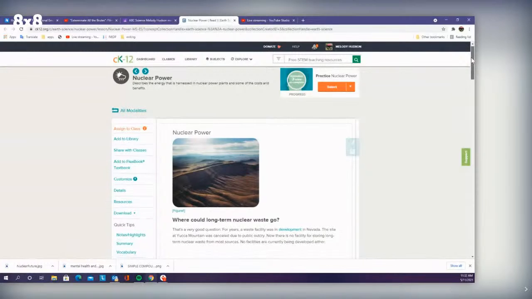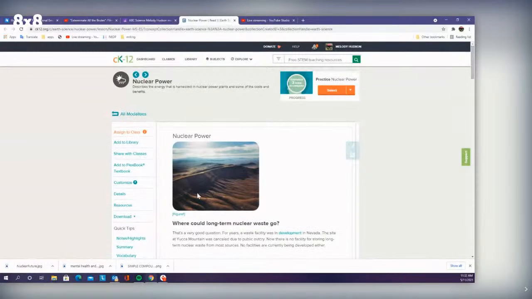Let's take a look. What you have here is a picture of where they were storing nuclear waste. This was a waste development facility in Nevada, and it was a mountain. The people said, you're putting radioactive waste on our beautiful mountains. Who knows what you're doing to the environment?